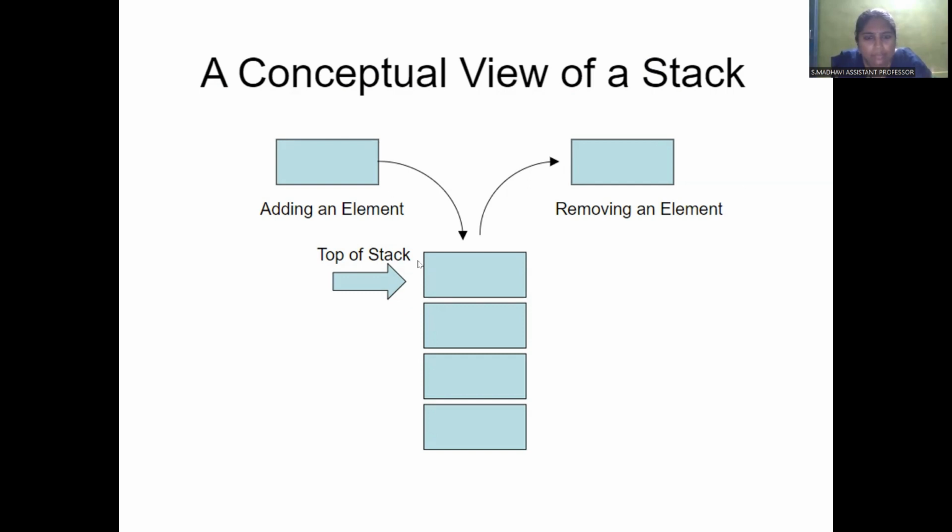Initially the stack will be empty, where no elements are present inside the stack. When we add a new element onto the stack, and whenever we remove an element from the stack, both operations are carried out only from one end called the top. So a stack contains only one end.